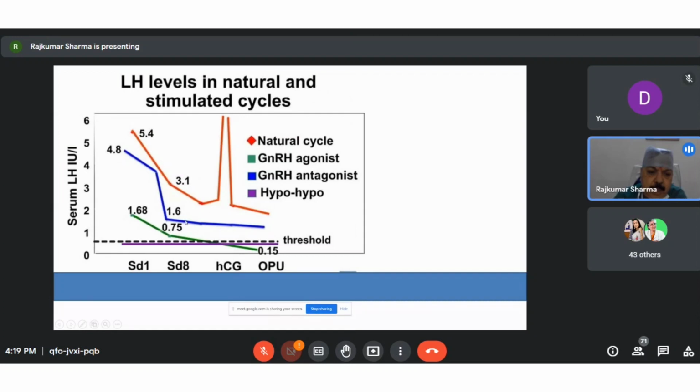So even when the patient is downregulated, she would have some amount of LH, which is just sufficient for it to grow without adding extra LH from outside. While hypo would definitely have lower than 0.5, which I mentioned earlier. You must remember that figure will be lower than that. So they would definitely require LH from the beginning.